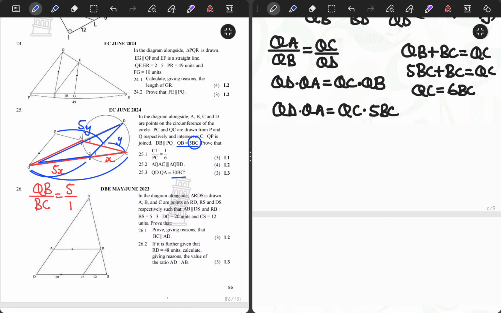Let's finish this. We'll say QD multiplied by QA equals, where there's QC, we replace it by 6 BC multiplied by 5 BC.